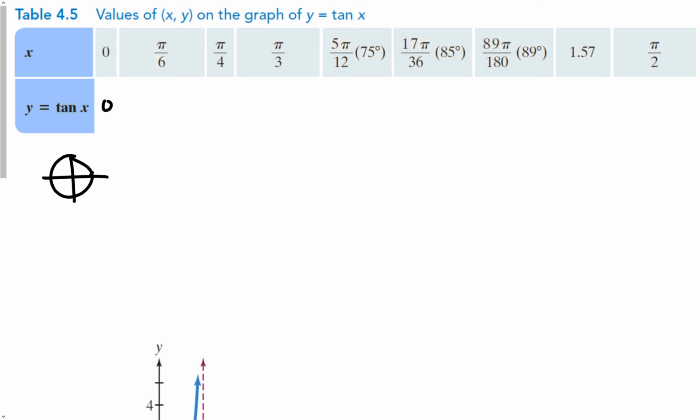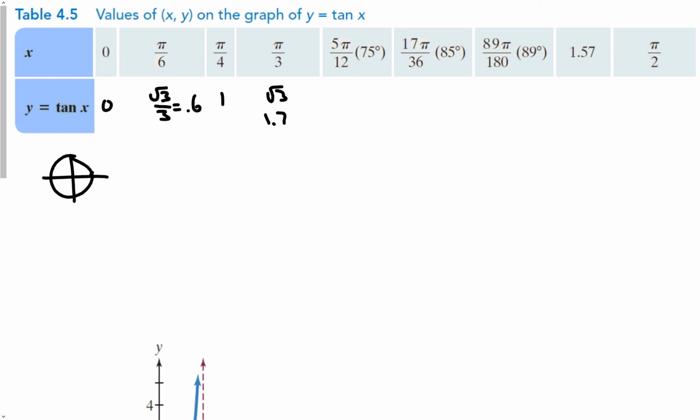The tangent of pi over 6 was radical 3 over 3, which equals about, I'm going to put this into decimals just to help us look at this, about 0.6. The tangent of pi over 4 was 1. The tangent of pi over 3 was radical 3, which is about 1.7.